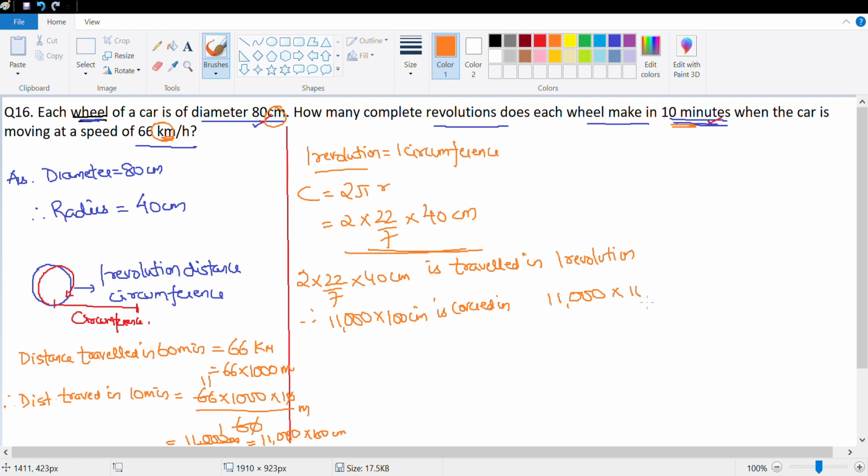11,000 into 100 divided by 2 into 22 upon 7 into 40, which is 11,000 into 100 into 7 upon 2 into 22 into 40. This is 11 1000, this is 11 2, this is 0 and 0, this is 2 with 5, this is 2 with 500.